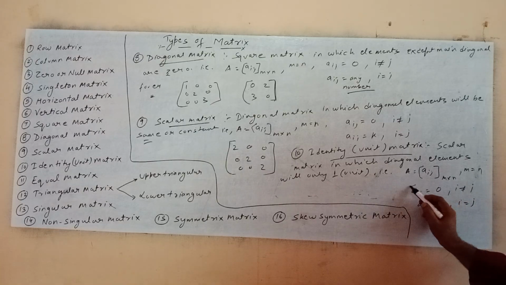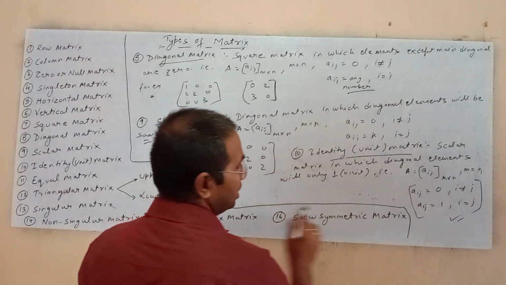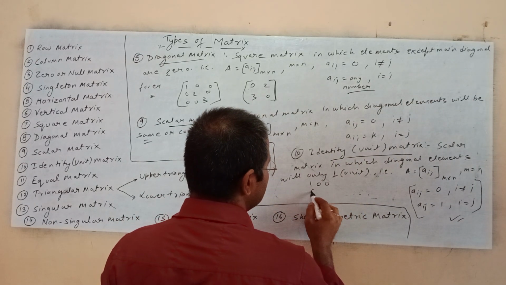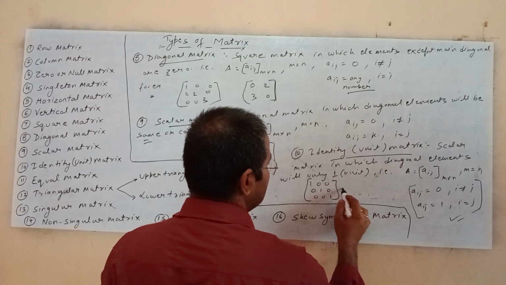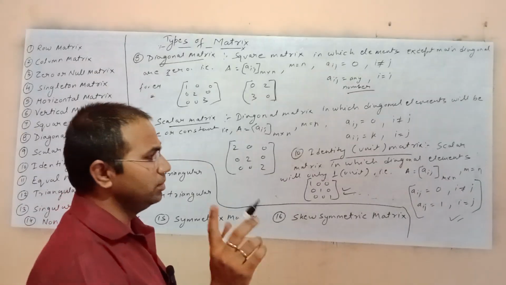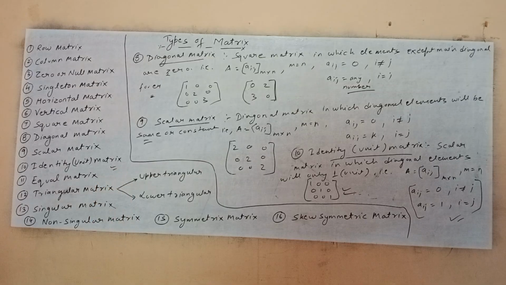Okay, so in this way you can define it. This can be written as, suppose, 1, 0, 0, 0, 1, 0, 0, 0, 1. So this is called the identity matrix. The diagonal elements will be only one. Okay, so in this way you will define the identity matrix.